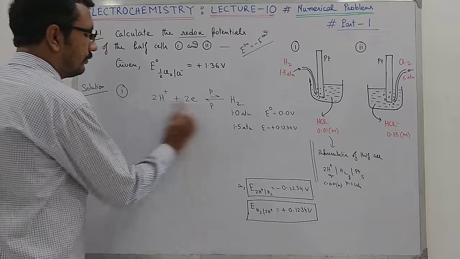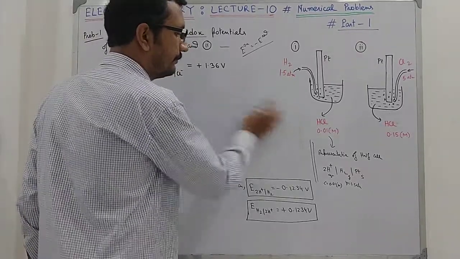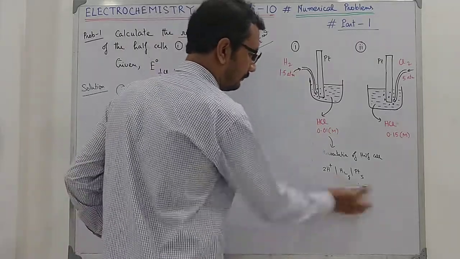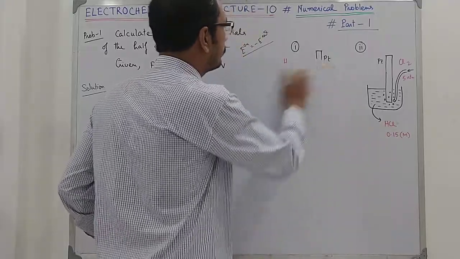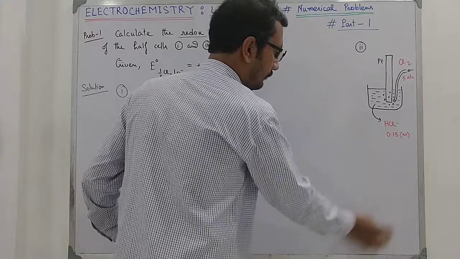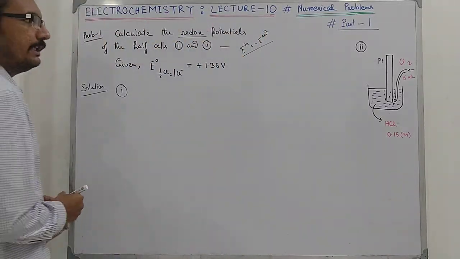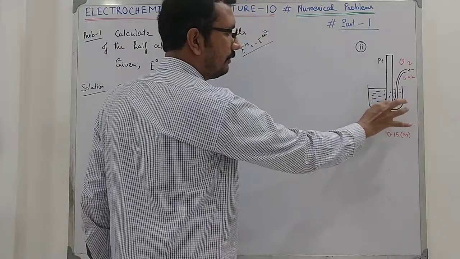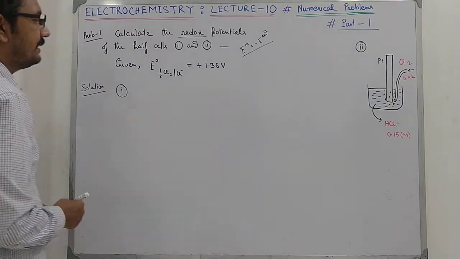Now we will come to solution for the second problem. Now in second problem, you see Cl2 is pumped into this HCl solution, maintaining the pressure 5 atm.